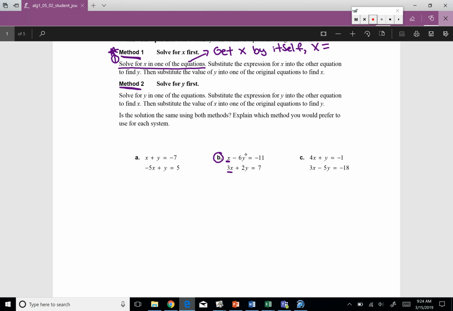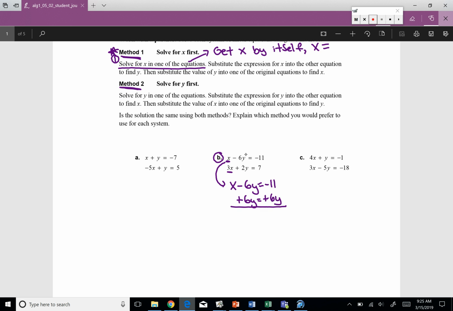So what I'm going to do is I'm going to take that first equation and I'm going to get x by itself. So in order to do that, I have to take this negative 6y, the entire thing, pick it up and move it to the other side. So to move the whole thing, negative 6y, to undo that, I have to add 6y to both sides.